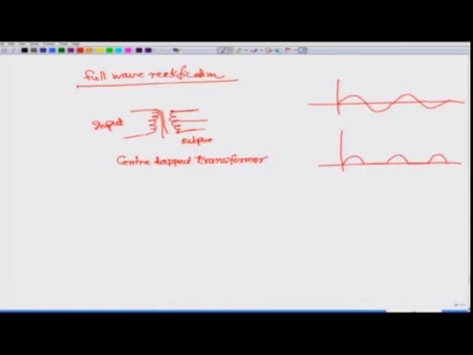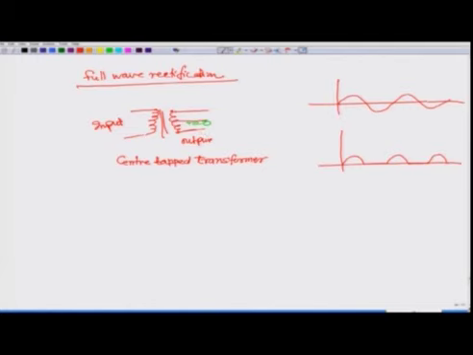If you take this middle one as V equal to 0, then this will be positive, this will be negative. After half a cycle you will have this as positive, this as negative and so on, it will keep on oscillating.